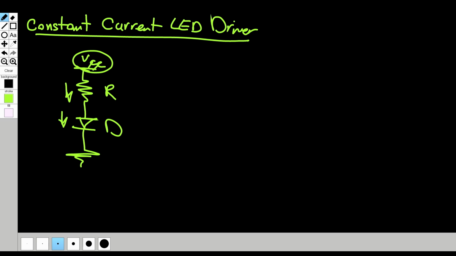So in a lot of real world applications, what we're trying to do is design a circuit that drives LEDs at constant current, right? So now the question is, okay, how can we approach this? What kind of circuit can we design to make sure that there is a very specific amount of current that goes through this LED, regardless of the input supply.